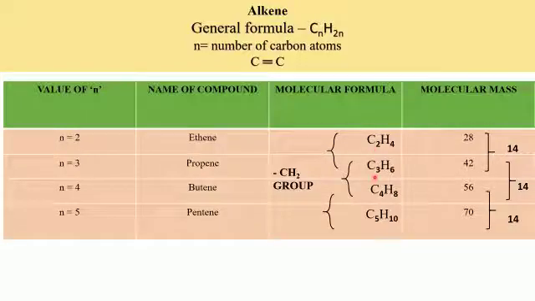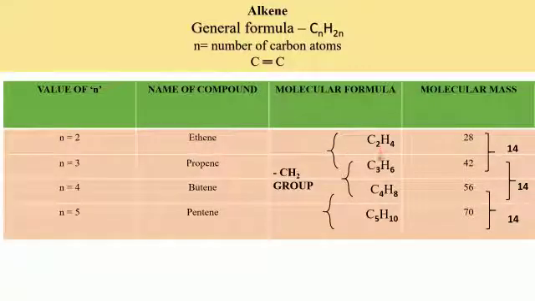If there are 3 carbon atoms, it is considered to be a derivative of propane. 4 carbons, derivative of butane, and 5 carbons, derivative of pentane. So accordingly, you will get your root names here: eth, prop, but, and pent. And because all of these are unsaturated with a double bond, the suffix for all of these will be the same, that is ene.